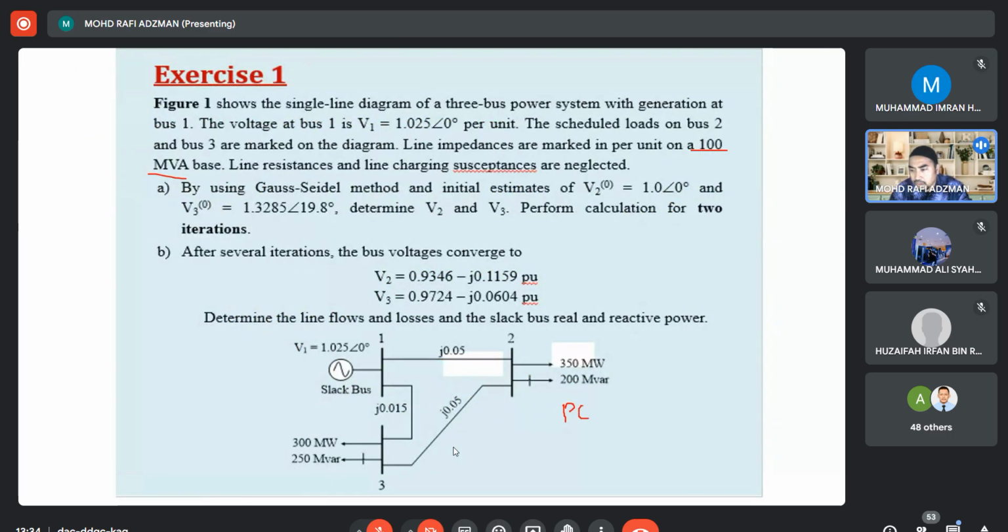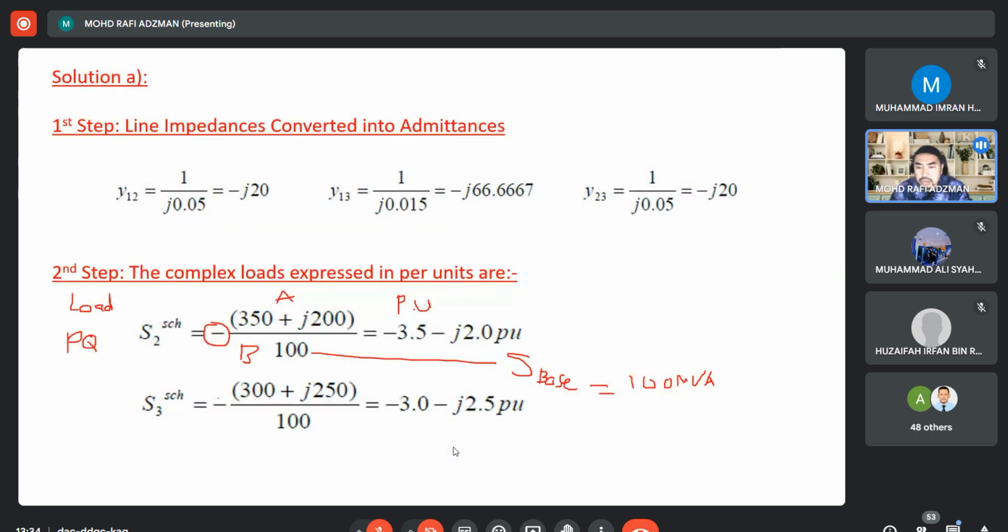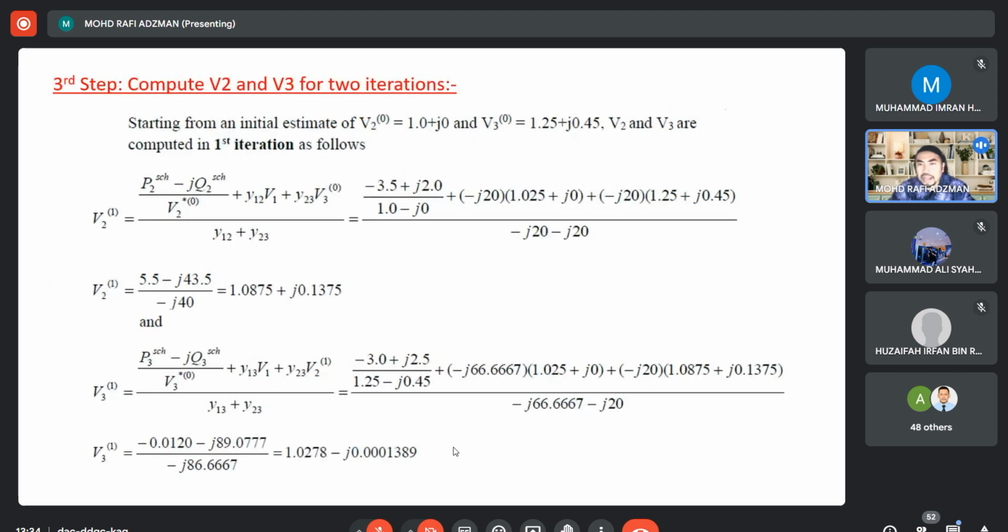Okay, this is PQ. This is also PQ. Okay. So both you need to put minus. Okay, done for per unit value, both S2 and S3 schedule. Okay. So done admittance, done per unit for the loads. Then you can start doing your iteration calculations.